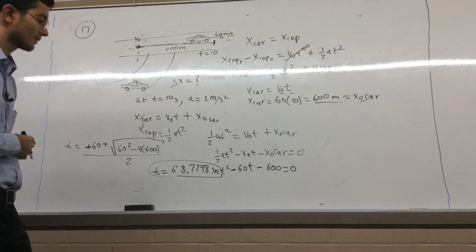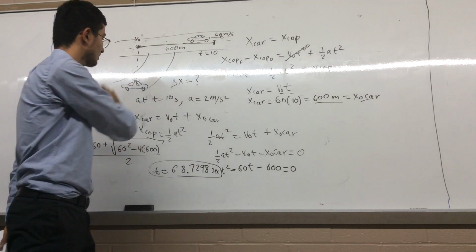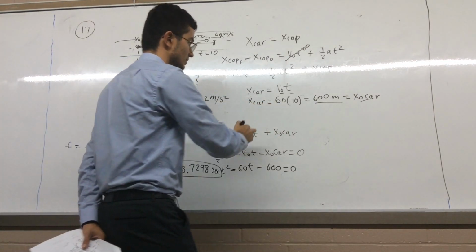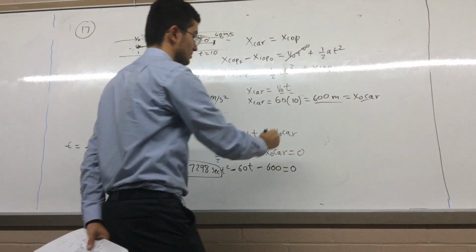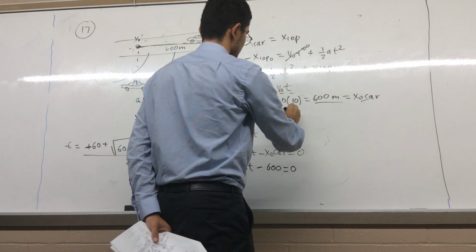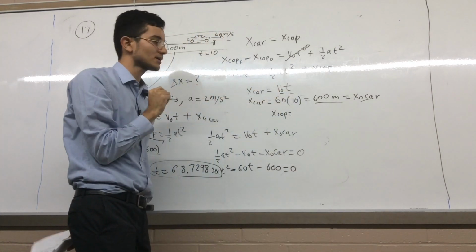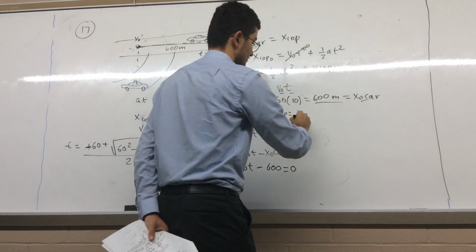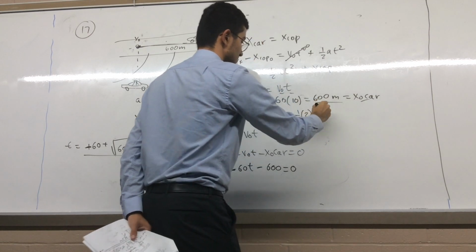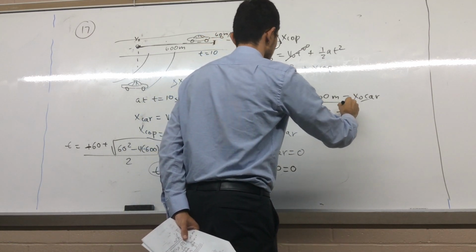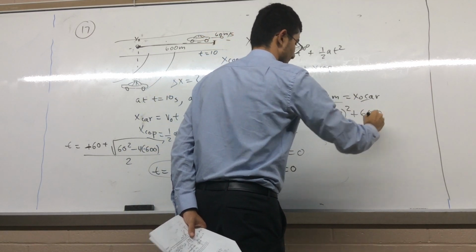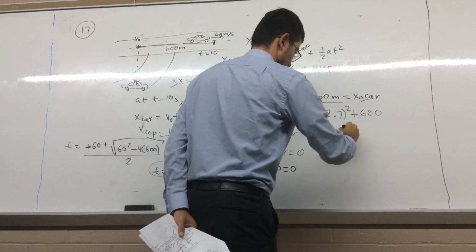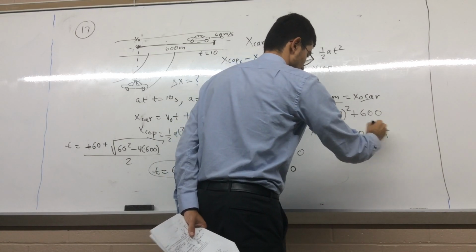So we just use the original function of the police car: x cop is equal to 1/2 a t squared plus x cop 0, which is 600. So we plug it in: 1/2 times 2 times 68.7 squared plus 600. That should give you about 4,700 meters.